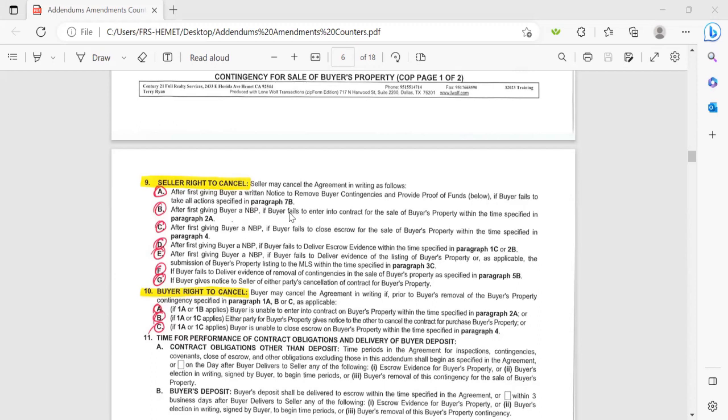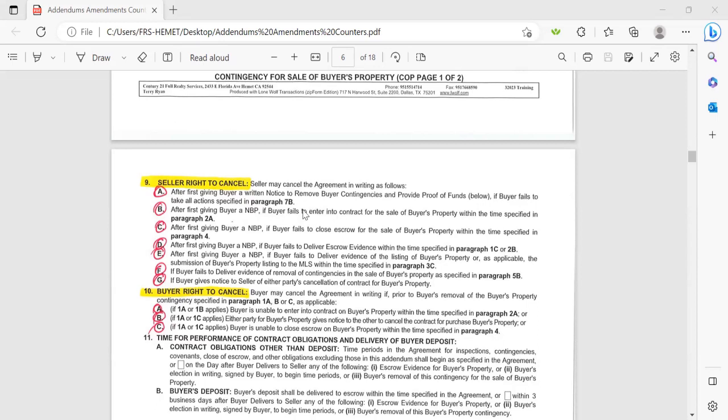It just says that you have a contingency due, and if you don't remove it, then we have the right to cancel the deal. It doesn't say if it doesn't happen, we're canceling. Consider this canceled. It's not talking about any of those things. It is just saying that we may have the right to it.